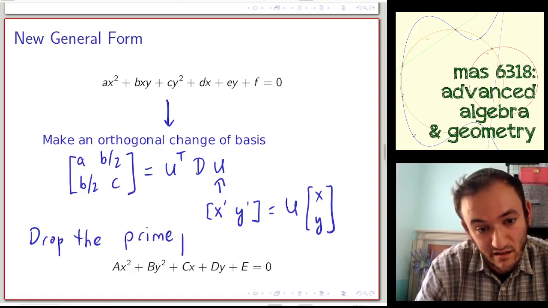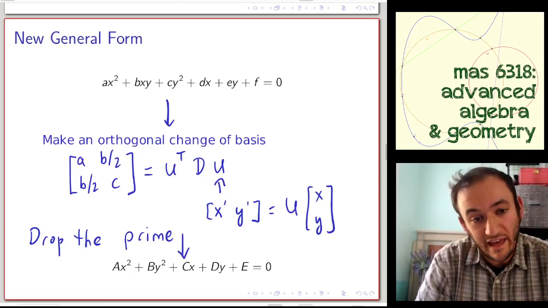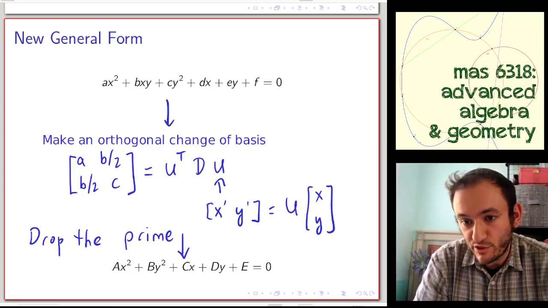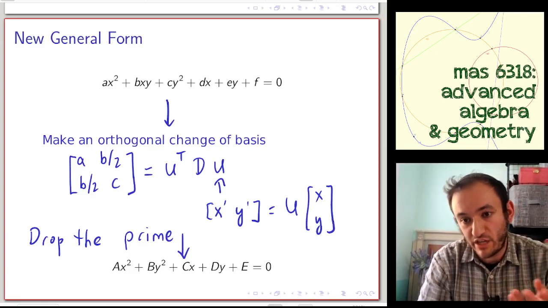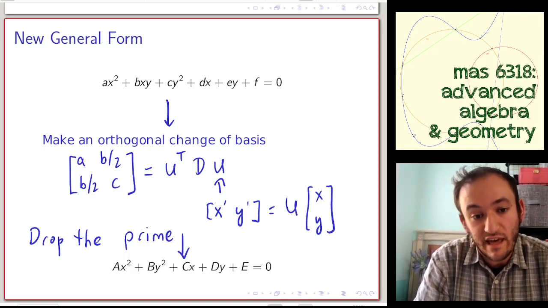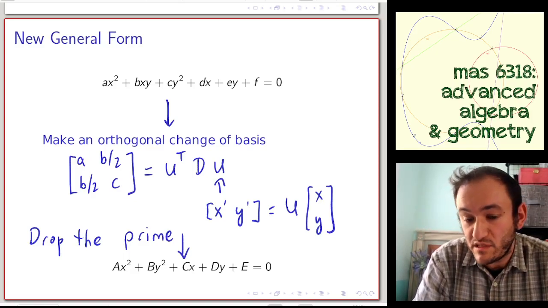And we get this equation. Now we'll replace all of our original coefficients with capitals because they've changed in the process of this change of basis. But now we have this very nice a x squared plus b y squared plus c x plus d y plus e, which leaves out the xy term.